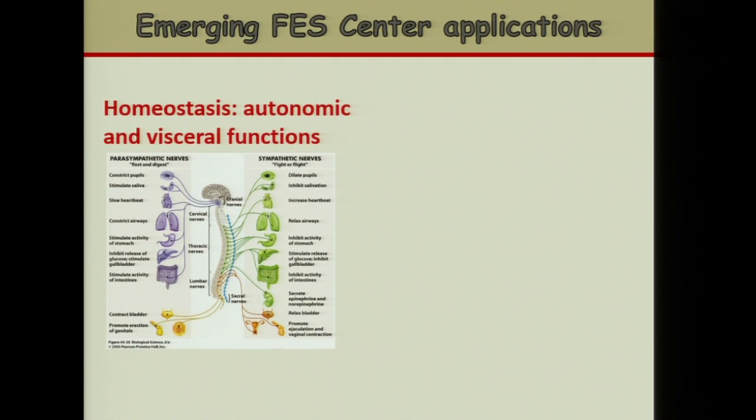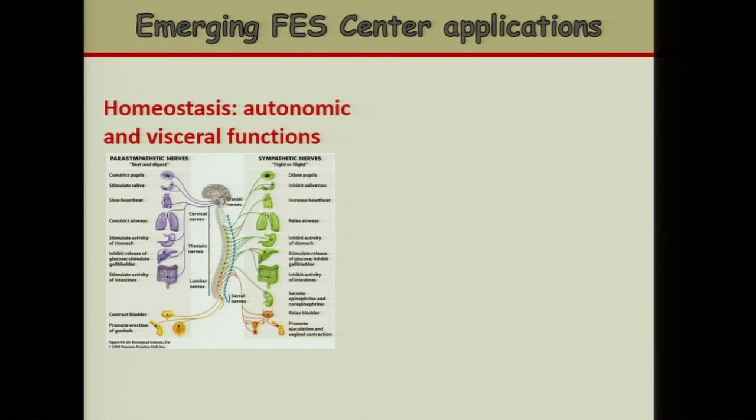But we do have some new emerging applications that I just want to highlight. First of all, in our renewal, we'll have something called homeostasis. This is going to be one of our thrusts, and it's to stimulate the autonomic nervous system and various visceral functions, the things that happen that you don't even know happen: digestion, insulin release, and inflammatory responses.